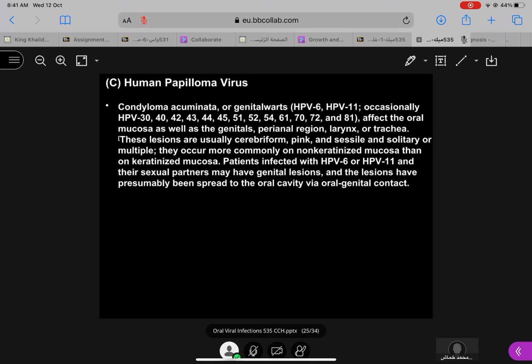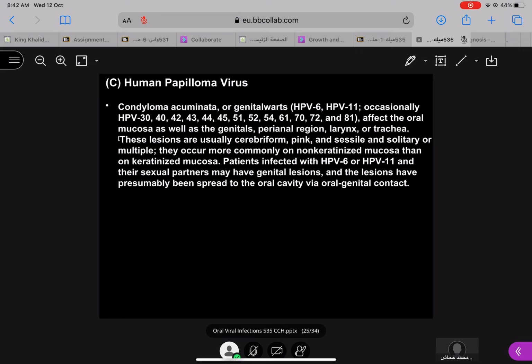These lesions are usually cerebriform, pink, and sessile, and solitary or multiple. They occur more commonly on non-keratinized mucosa than the keratinized mucosa.